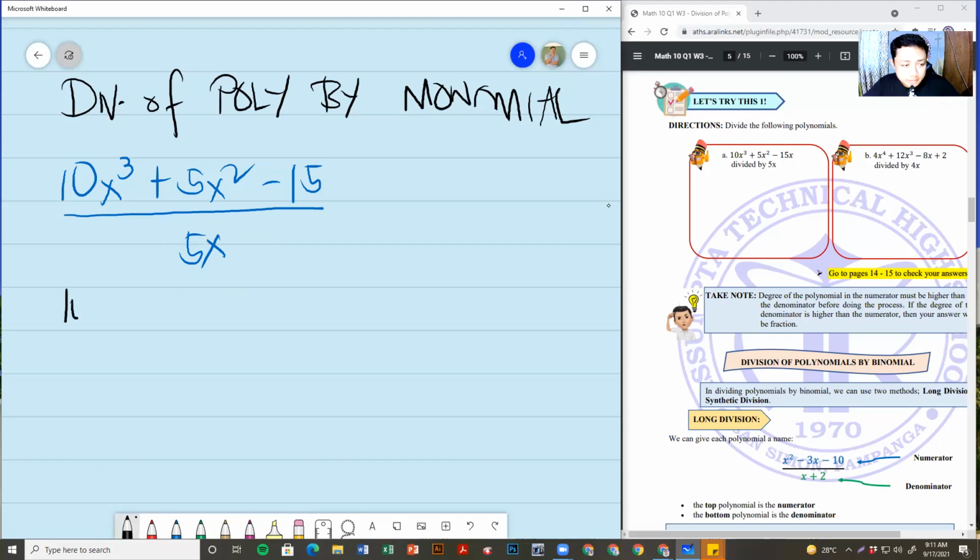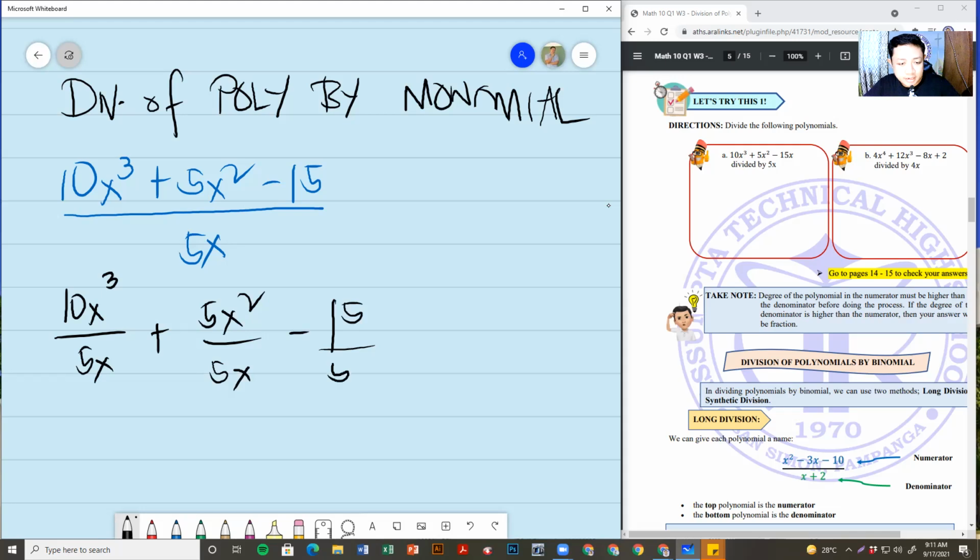So we will have 10x cubed over 5x plus 5x squared over 5x minus 15 over 5x. Okay, did you get that? Just distribute or separate each term in the numerator and divide it by the monomial. Okay, this is what we do. And then after that, let's just simplify.